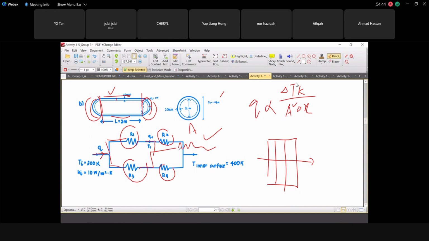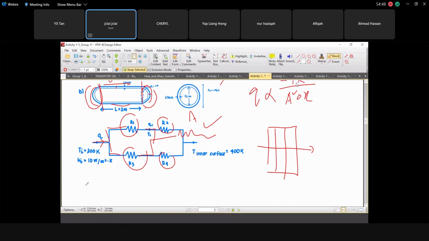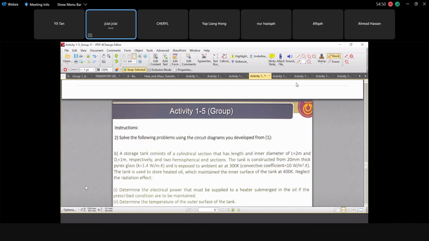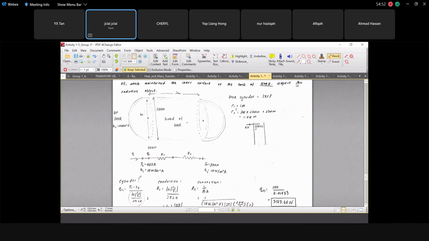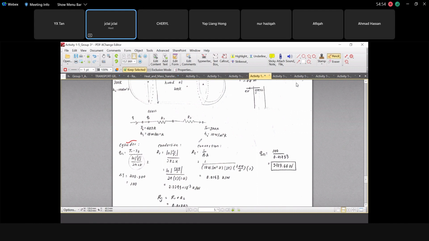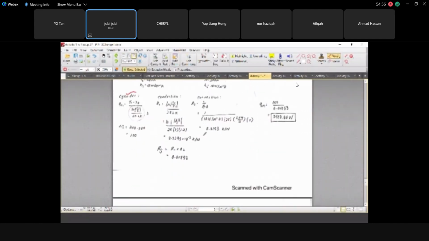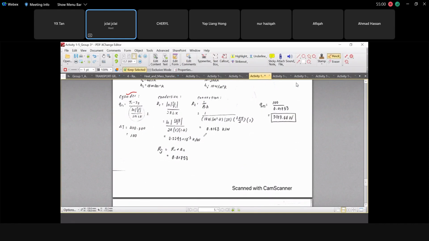Because I see that your solution is also the same as group 3, right? You also divide it into cylinder part and sphere part, right? Is your calculation based on the circuit diagram you drew? Yes, Doctor.